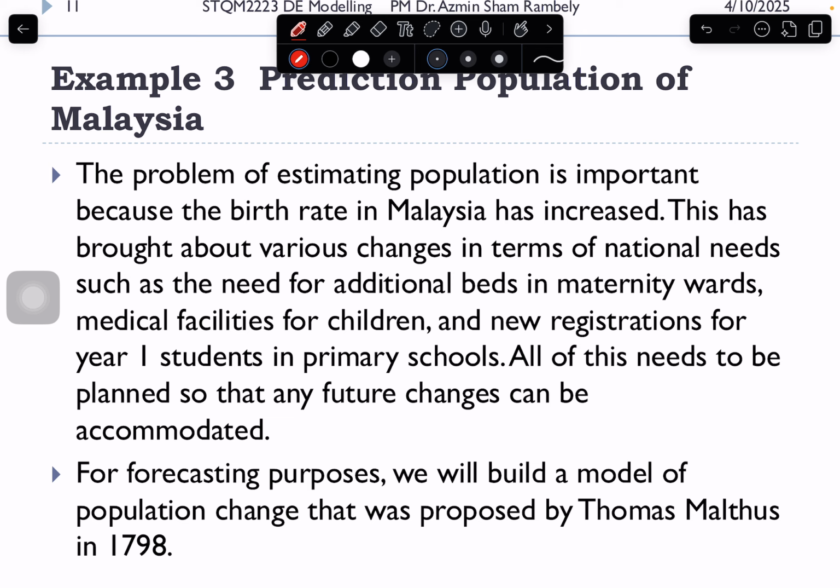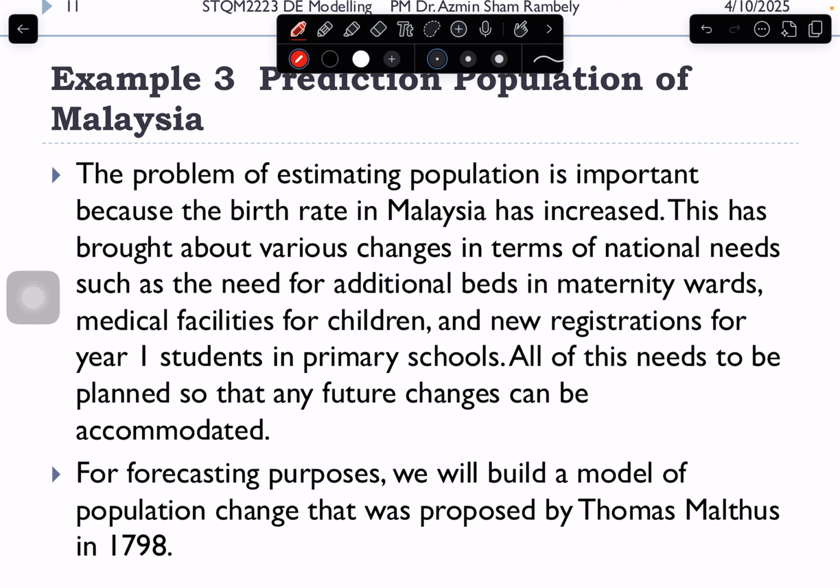Why do we do the prediction? Because we need to prepare all the facilities for the citizens, for example the number of hospitals and schools. Schools are very important when the population is booming, so we need all these facilities: hospitals, schools, what else?